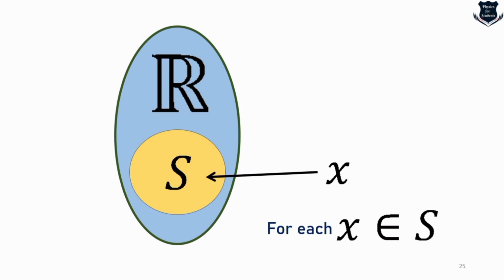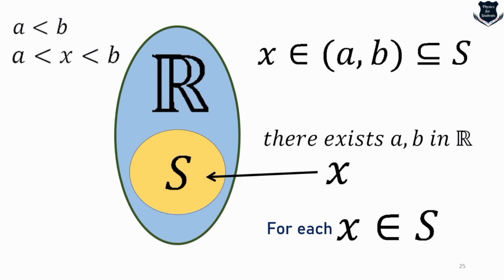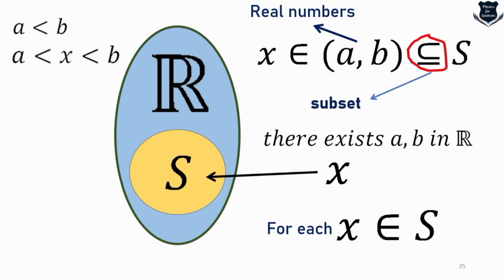Each X is an element of S. There exists A, B which are real numbers in R such that A is less than X is less than B. These are the conditions given. So that this X is an element of (A, B) which is a subset of S. So these are real numbers and these form what is called a subset.